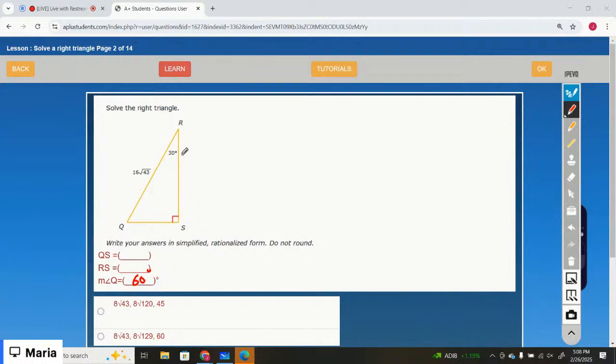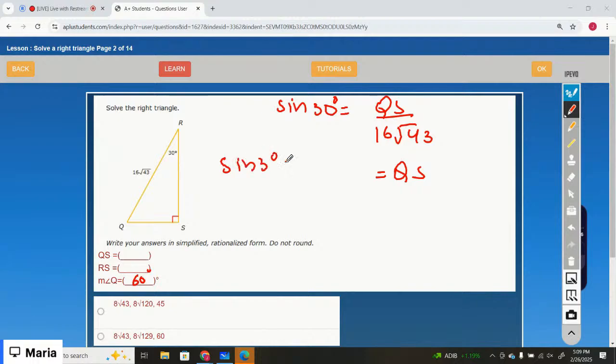The third angle is 60 degrees, right? Start with sine 30 degrees. That is QS divided by 16 square root 43. So QS equals sine 30 times 16 square root 43.